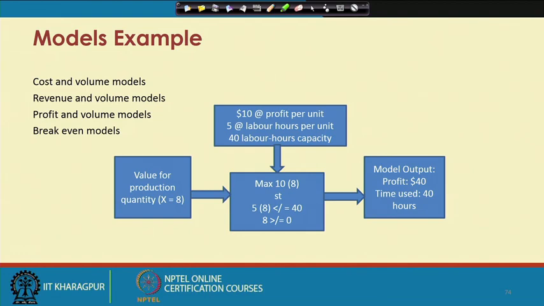Here this is the value of production. Let us say x is a production unit, and the total production quantity is, say, 18 numbers, and it is processed through some kind of inputs, that is, labor inputs, and in this particular case we are fixing with respect to labor only.